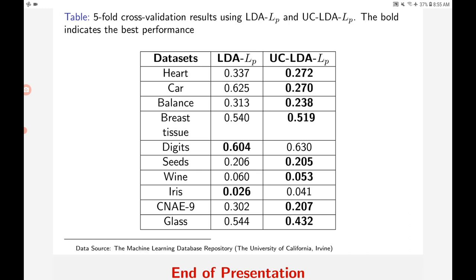Here, the column in the middle is LDA-LP, and the last column is the unequal covariance aware version. And you can see that again, our framework boosts the original method significantly in terms of classification results.